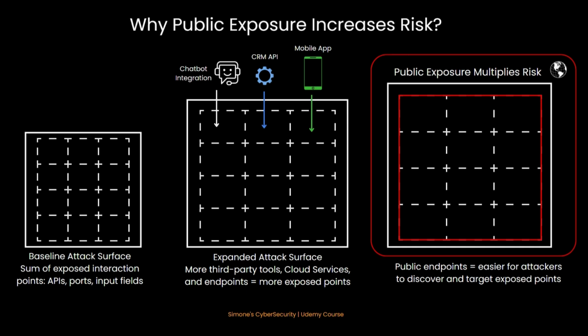One misconfigured API, one forgotten admin panel, or one exposed port can become the entry point for a breach. And the bigger and more complex the system, the greater the risk. In the next slide then, we will explore how this applies to large language models and why their attack surfaces are inherently larger than traditional IT systems like a web server or any other traditional IT server.